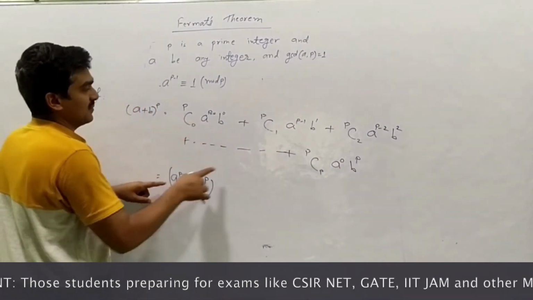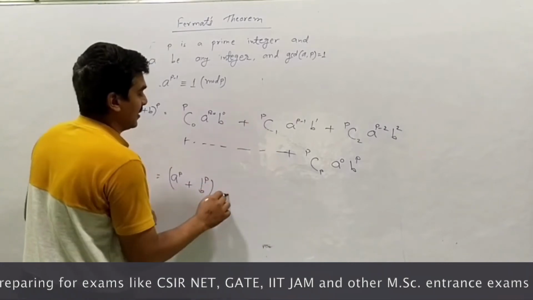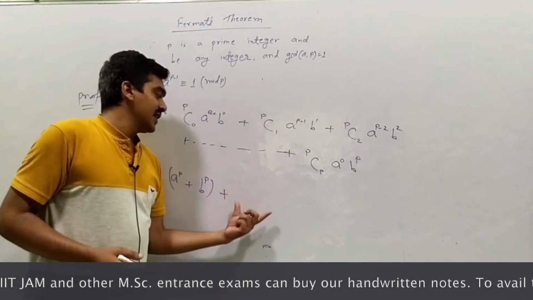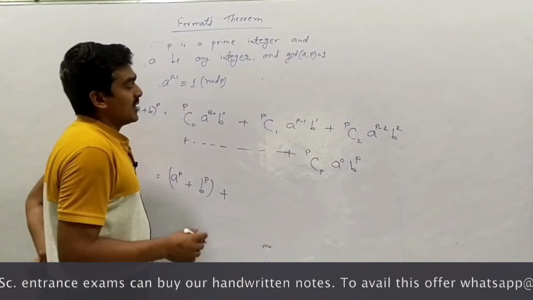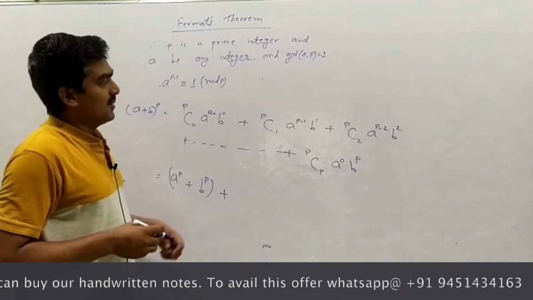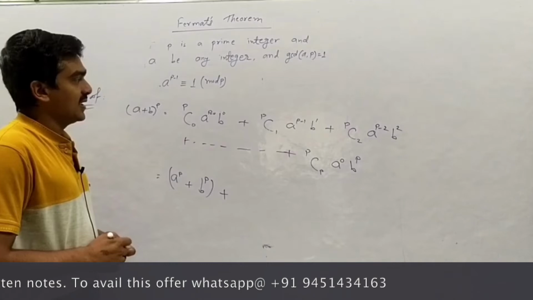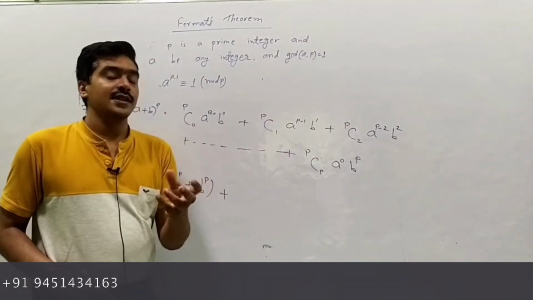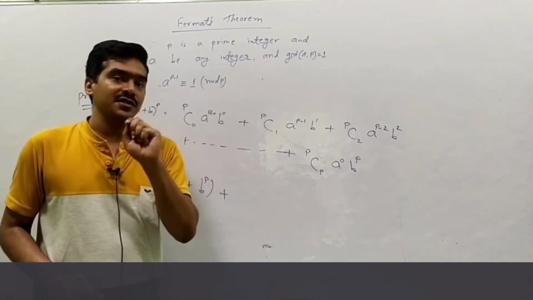This is the first term, this is the last term, and the other terms are written in the middle portion. One important thing we see here is that all the middle terms contain p as a factor.